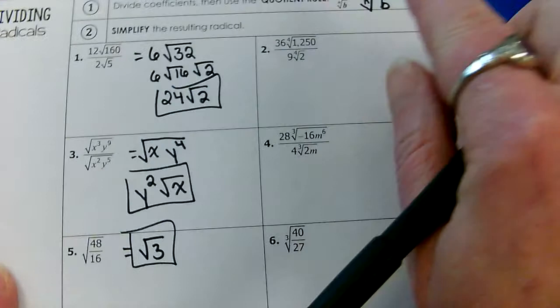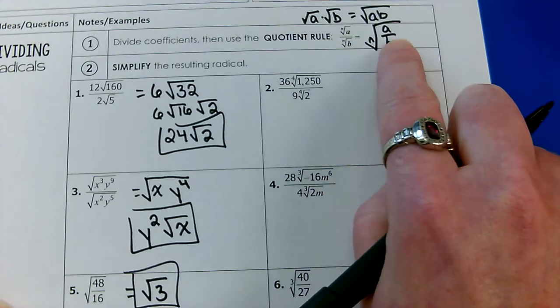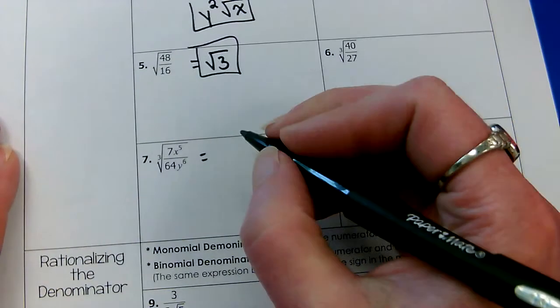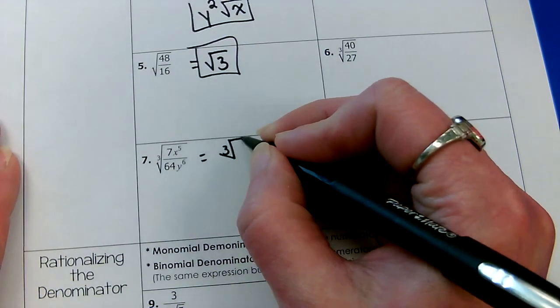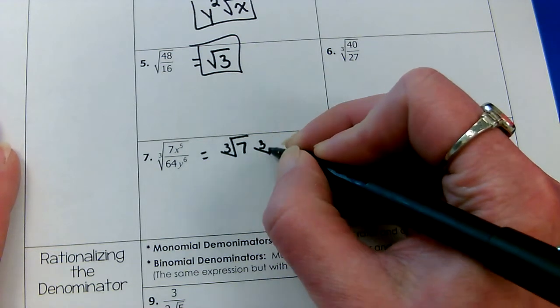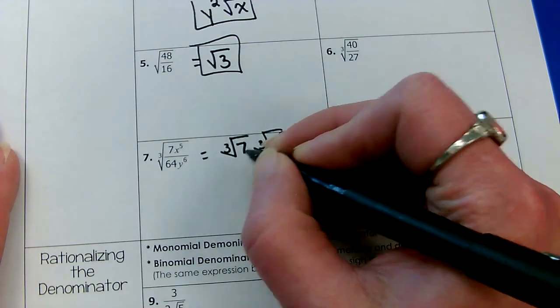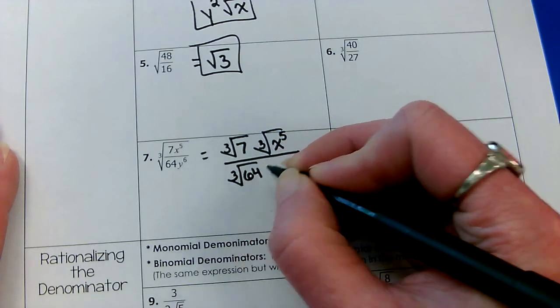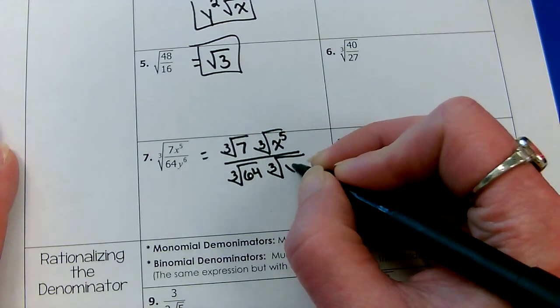Just like I could take the radicals and put them all together, I could split them back up. So I can make this into the cube root of 7 times the cube root of x to the 5th over the cube root of 64 times the cube root of y to the 6th.